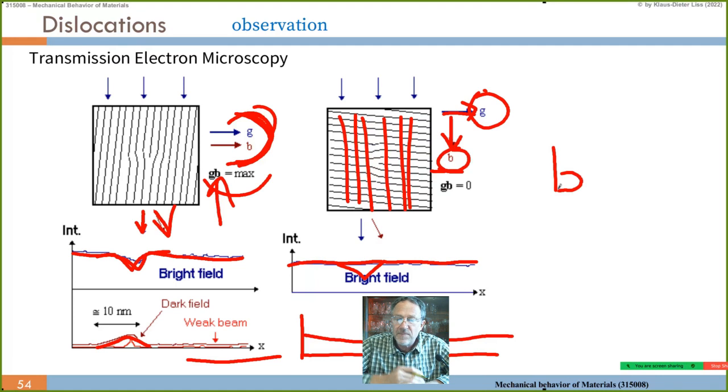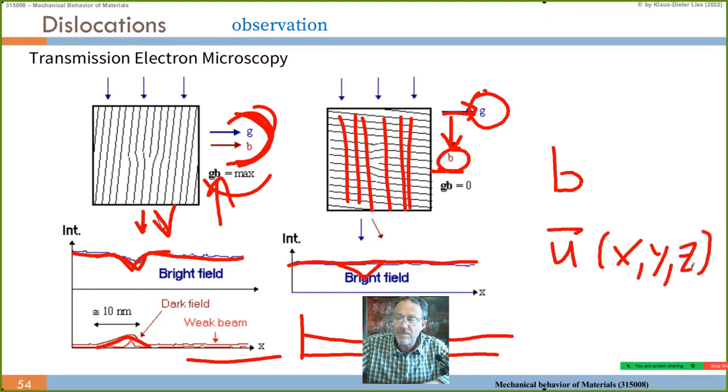But b is the Burgers vector, and more generally it's the displacement field u which plays a role: the displacement u of x, y and z as a function of position.